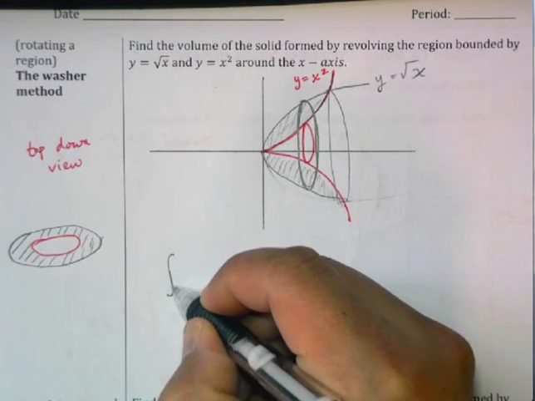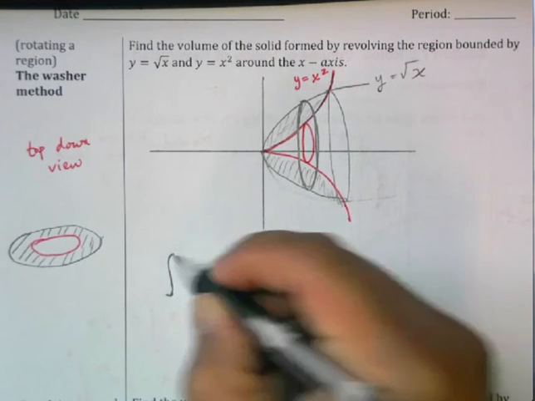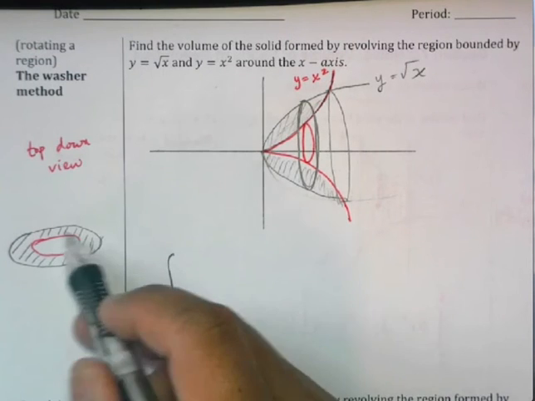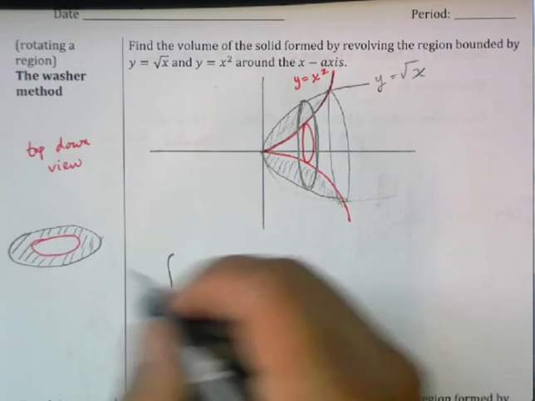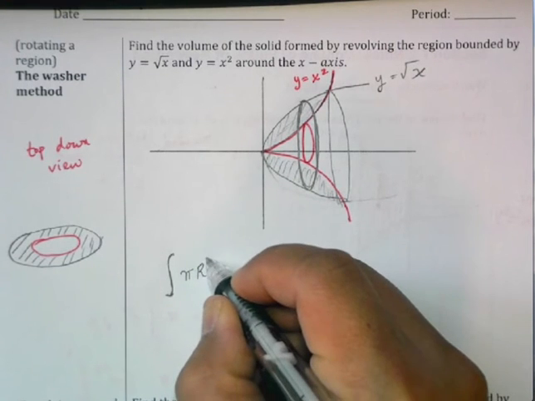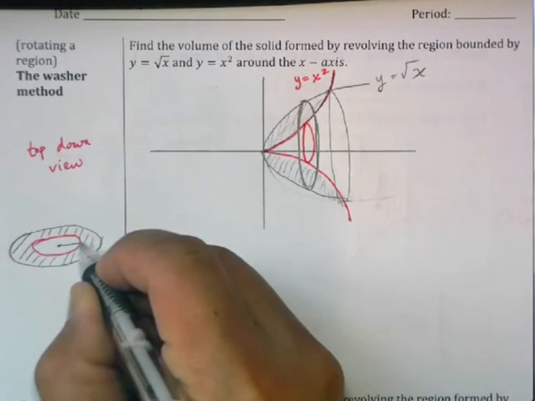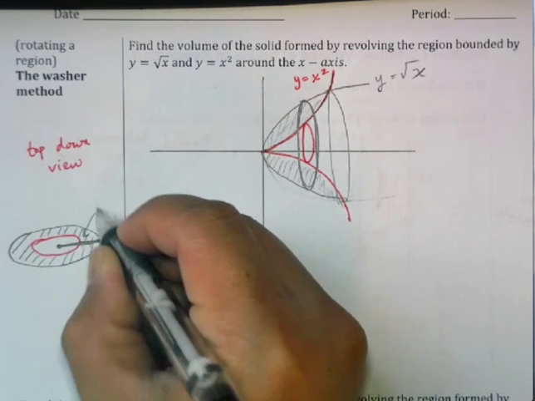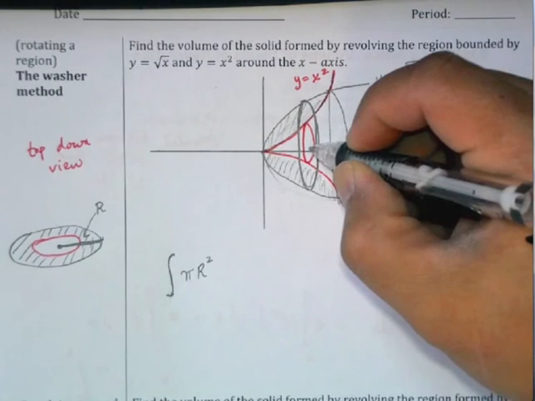And what we're going to do is add up an infinite number of them. All we're really going to do is take an infinite number of washers, figure out what their areas are, and then add them all up. So that involves us using an integral. One of these washers has an area of the outer circle minus the inner circle.